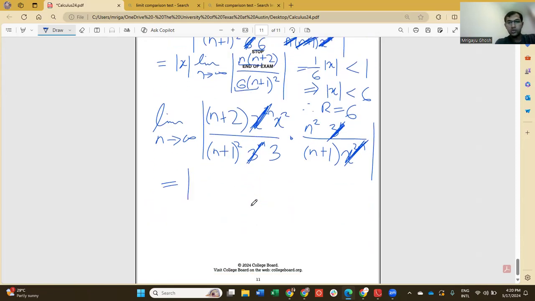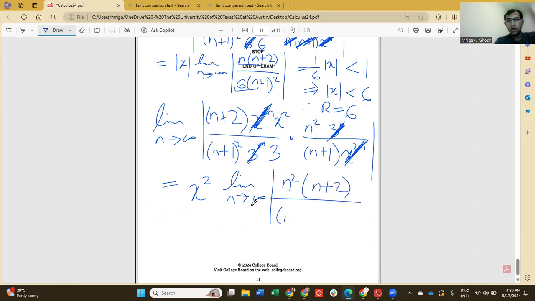We can pull out our x squared. And x squared is always positive, so I don't need the absolute value sign anymore. I get x squared times the limit as n approaches infinity of n squared times n plus 2 over n plus 1 cubed, actually, times 3.